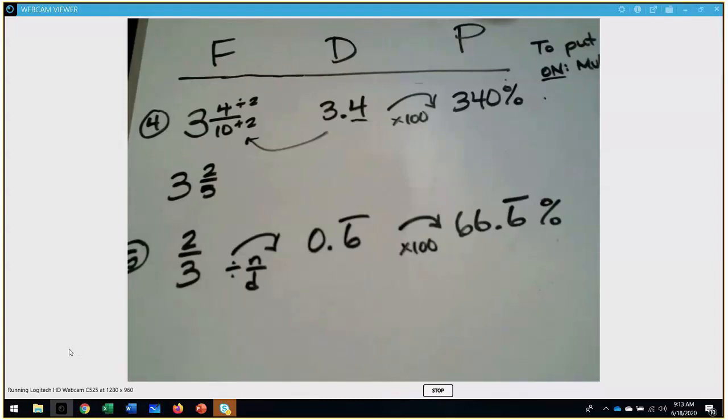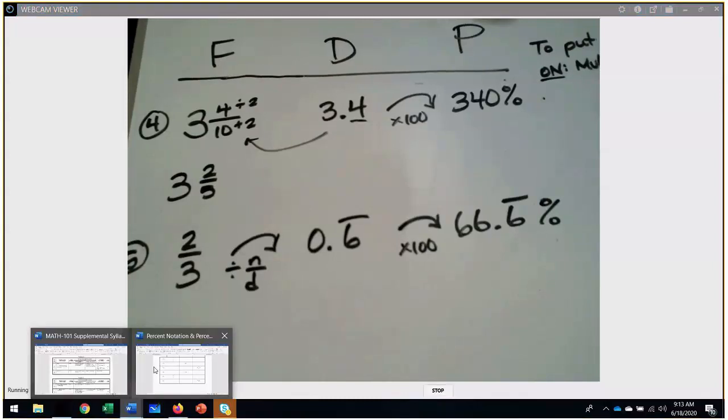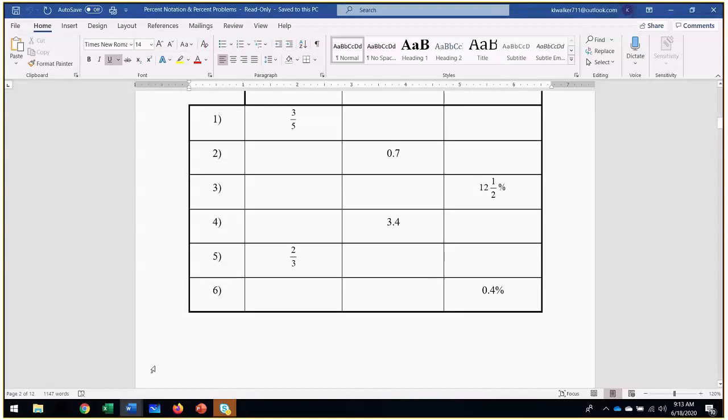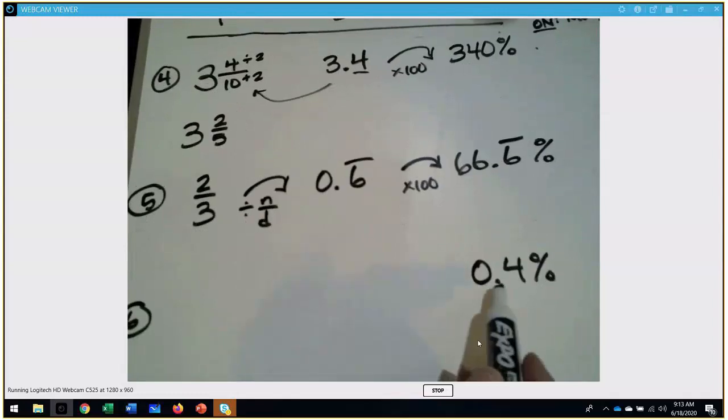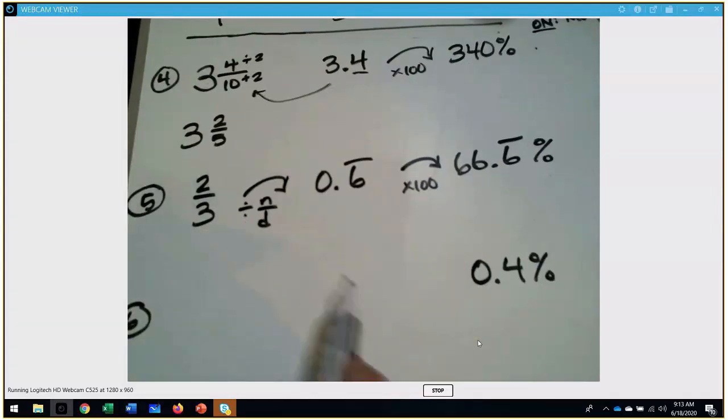Okay, and then there's one more. They're giving you a decimal percent to start. And we're going to go to decimal form and then to fraction form.